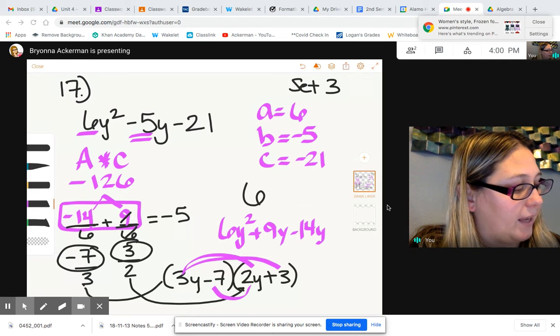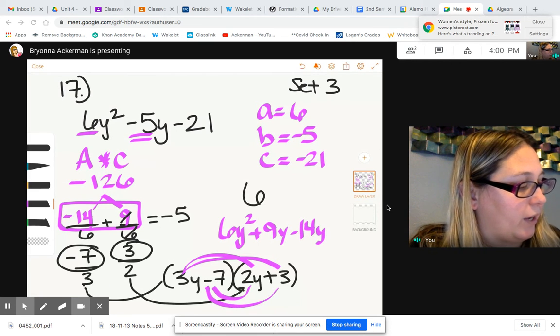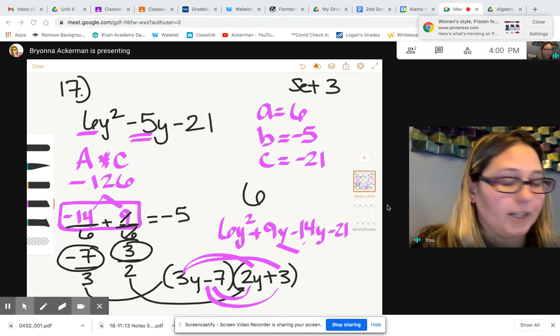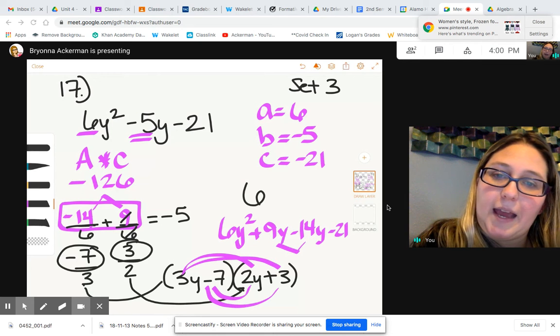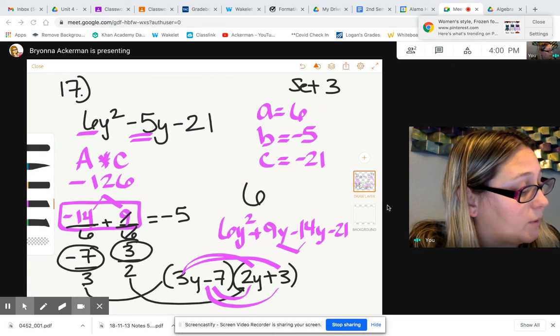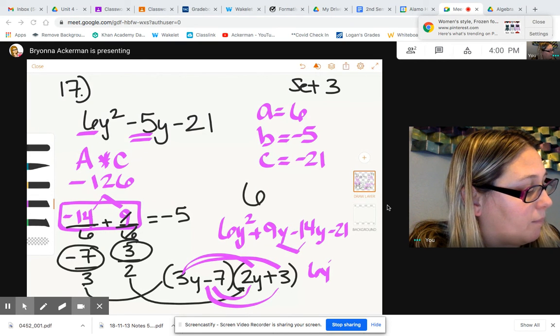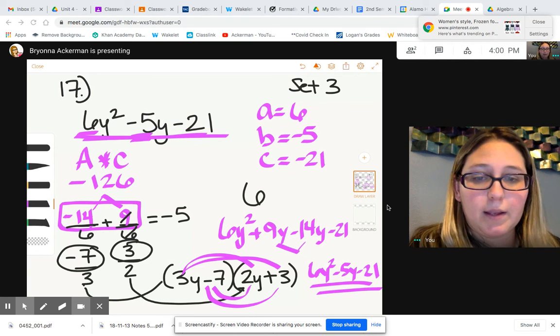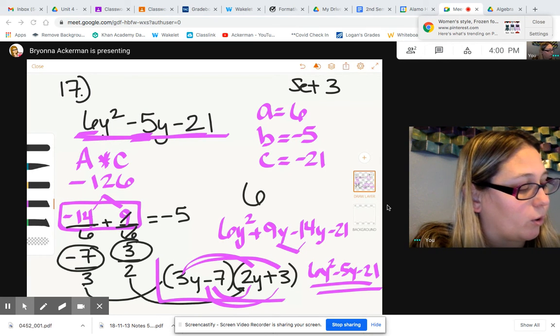And a negative 7 times 3 gives me negative 21. If I combine like terms, you'll see that middle part is a negative 5. We did this correctly because we end up with 6y squared minus 5y minus 21. Since we got our original back, we know that these factors are correct.